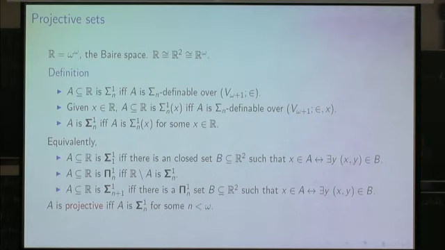So the class of projective sets are just the Σ¹ₙ sets for some number n, which means you think of taking a closed set and taking the projection and complement and projection again, doing it finitely many times. The closure of those operations will be the projective sets. So these are the relatively simple defined sets of reals.